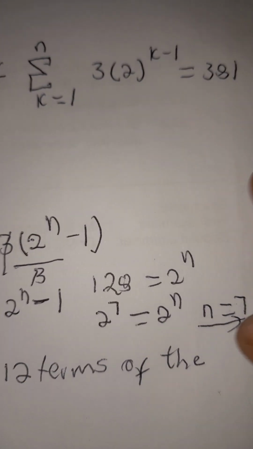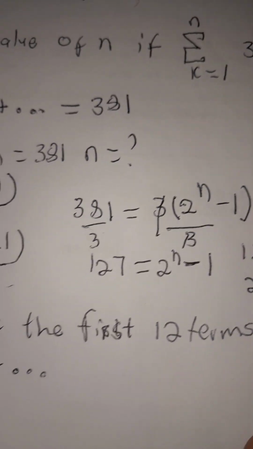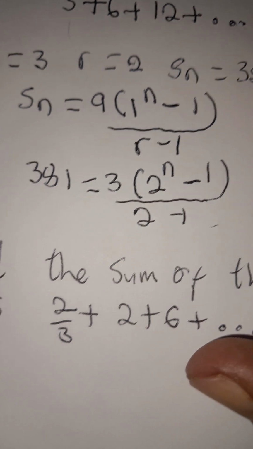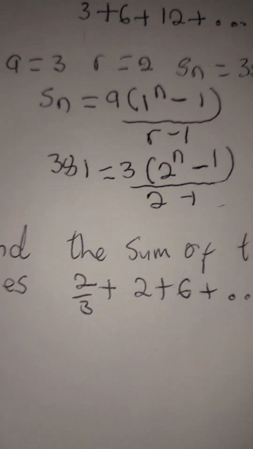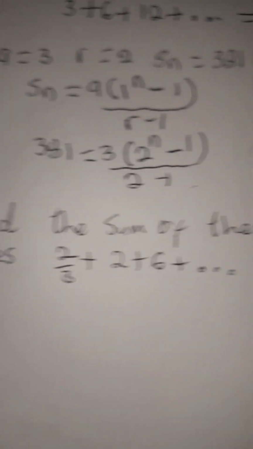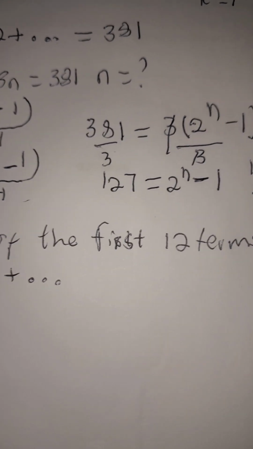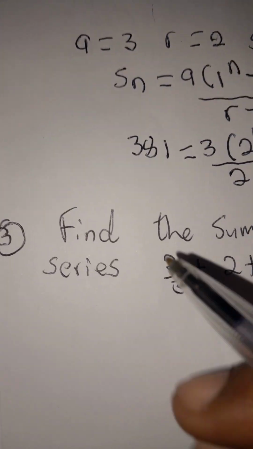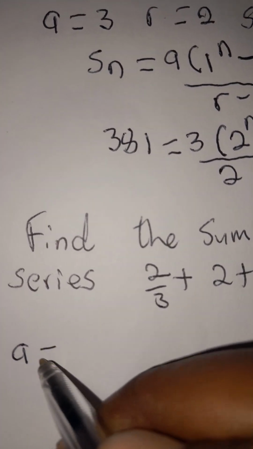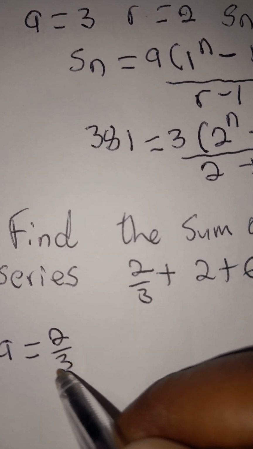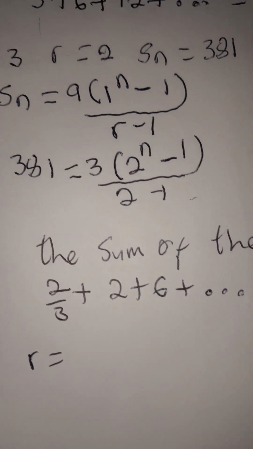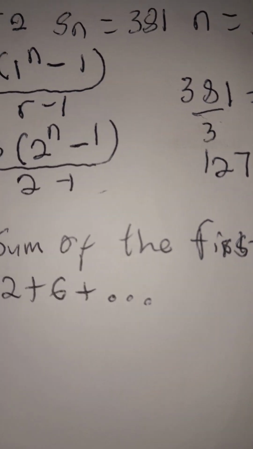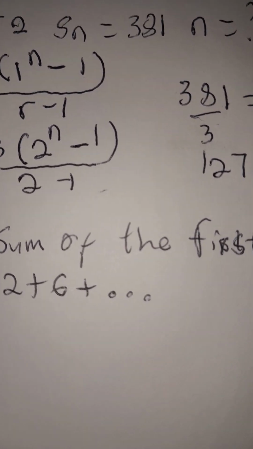So this is how you can work with a sigma notation. Let's look at the last question, guys. The last question wants you to find the sum of the first 12 terms of the series. First thing first, the first term is 2 over 3. Then let's find the constant ratio: term 2 divided by term 1.